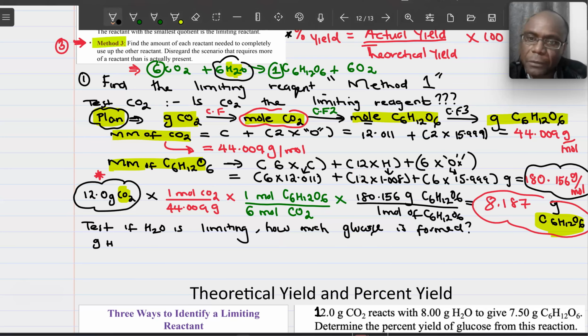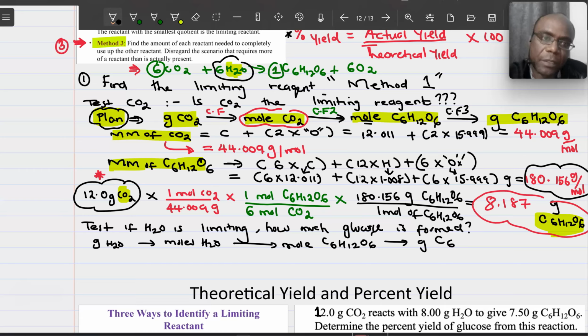We're going to go from grams of H2O, convert it to moles of H2O, then convert that to moles of product, which is our glucose, then convert that to grams of product, to see how many grams can be theoretically made if water was limiting. If water gives us the least grams of glucose, lower than 8.17, then water is limiting. If CO2 gives us 8.17 as the least mass compared to what water is going to give us, then CO2 is limiting. So that's why we are testing for water just as we tested for CO2.